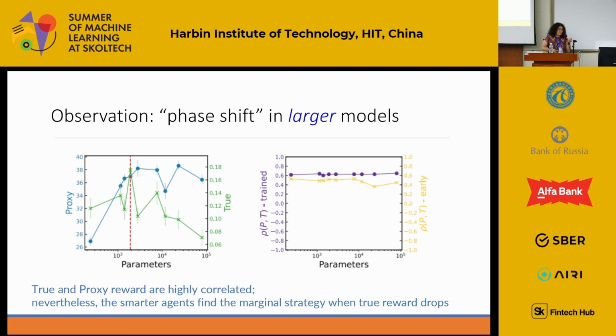The authors tried to analyze whether this happens because the rewards are not correlated. No, that's not the case, because the correlation between these two rewards is very good. The model just understood that it could hack the situation, hack the reward.